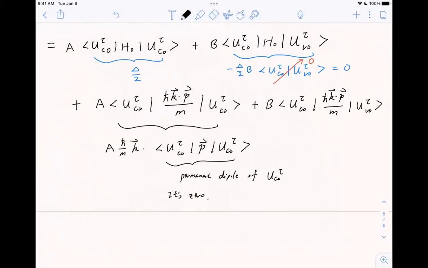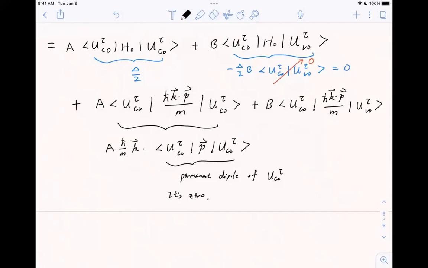Why is it 0? Because this system has a threefold rotational symmetry. Let me give you an example. If you are in an atom with inversion symmetry, all the atomic orbitals of the atom have no permanent dipole. Do you know why? Consider the hydrogen atom: the p orbital, s orbital, d orbital, none of them has a permanent dipole.